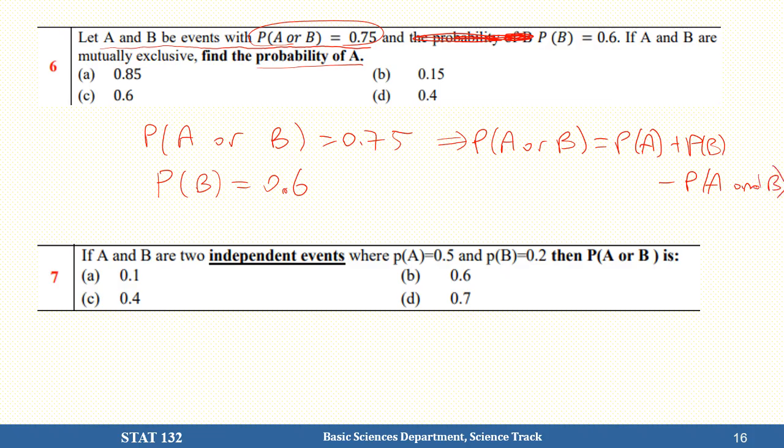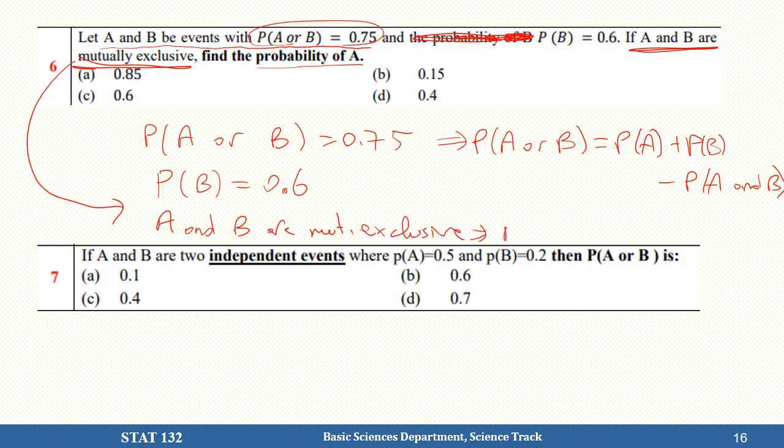So here it says A and B are mutually exclusive. This is also given to us. It means the probability of A intersection B, or A and B, is equal to 0.